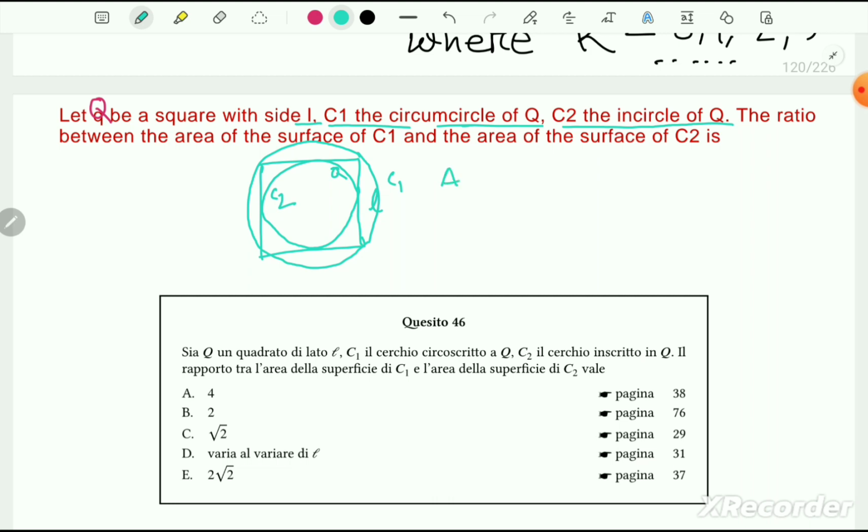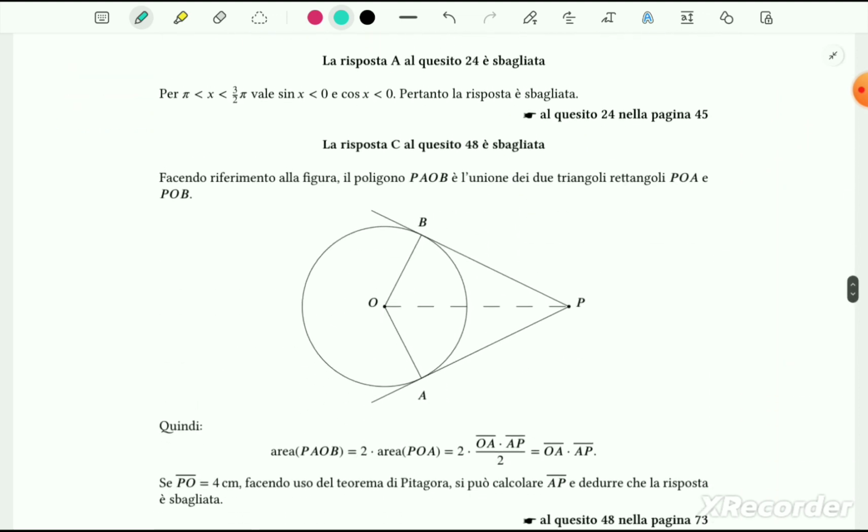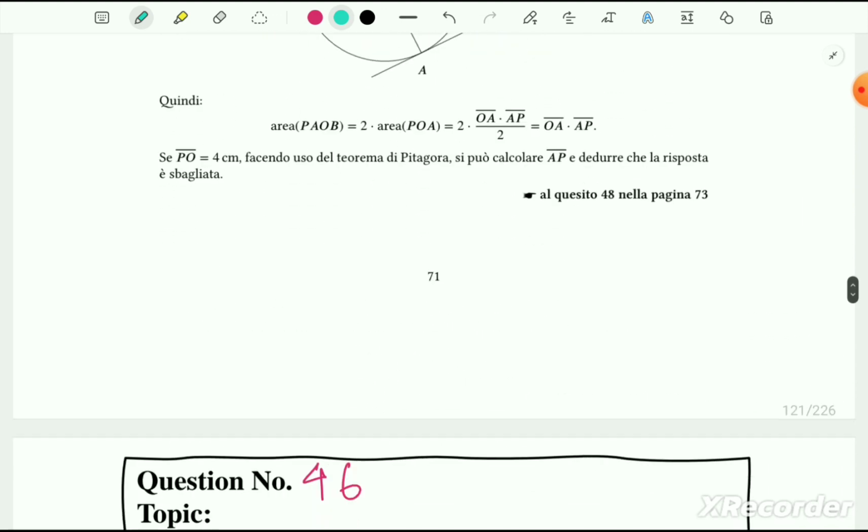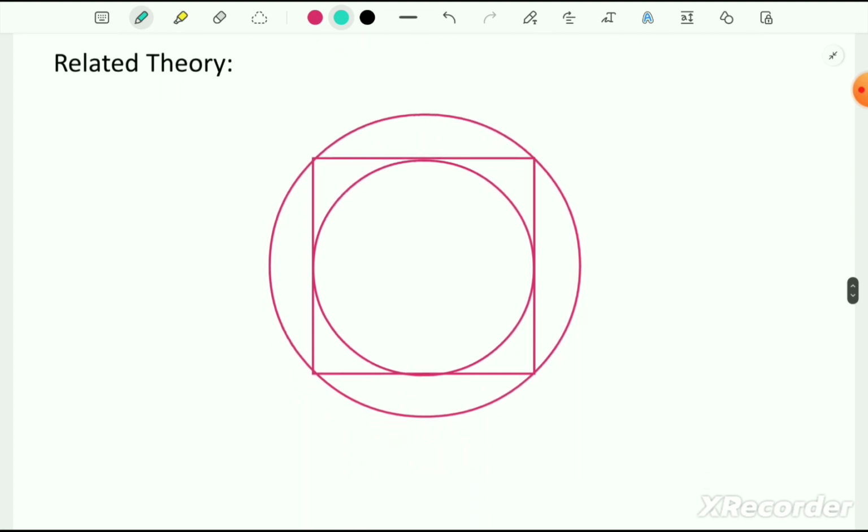So area of C1 divided by area of C2 equal to what? Okay, so let's find out the answer.